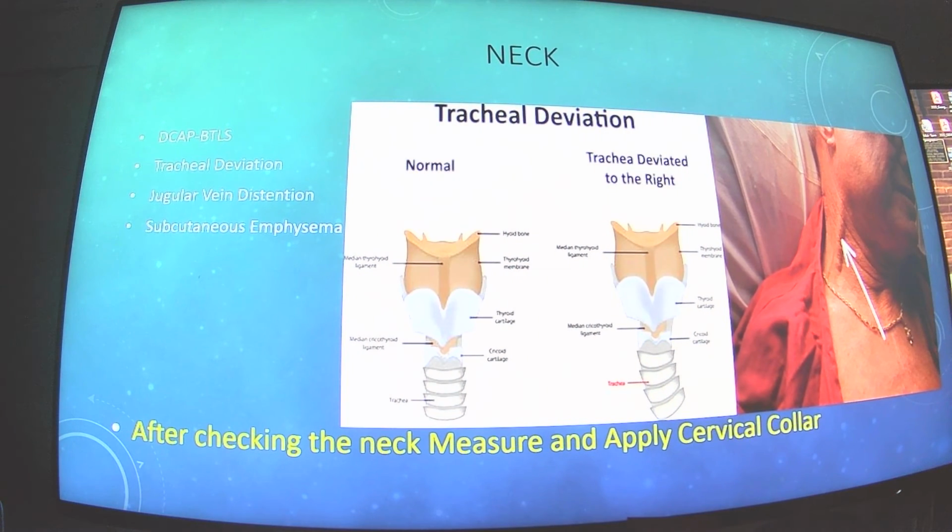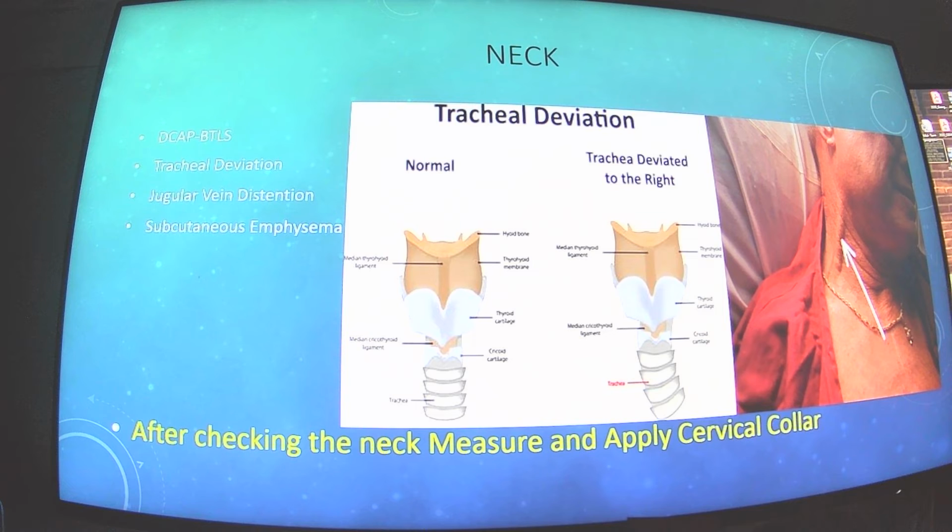Okay, when we get to the neck, we're looking for a couple things. First thing is DCAP BTLS. You'll hear people talk about step offs and that kind of thing. That all falls under deformities or punctures, penetrations, all that good stuff. So DCAP BTLS works just fine. Okay, then we're going to look for three additional things.